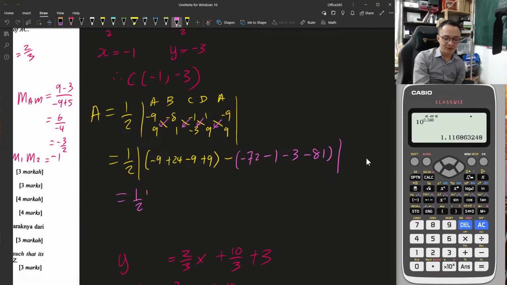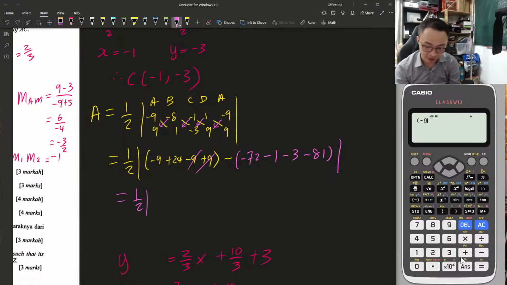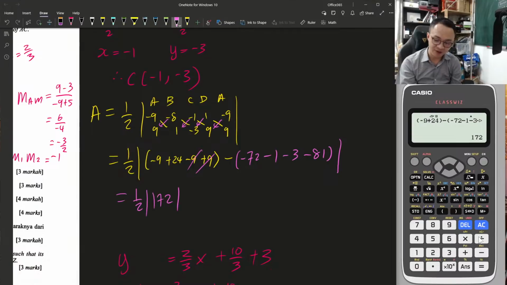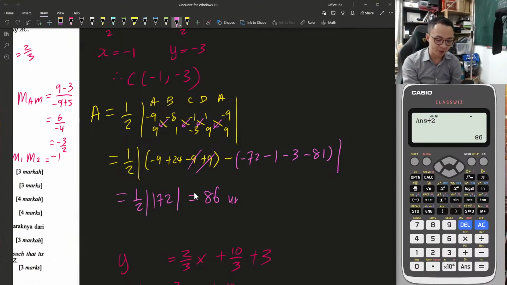Then the rest I will just use the calculator. -9 plus 9, no need. Plus 24 minus -72 minus 1 minus 3 minus 81. It's 172. Then I divide it by 2. My area will be 86 units squared.